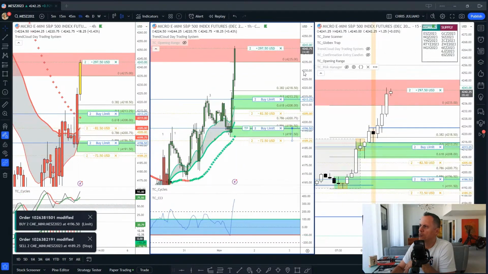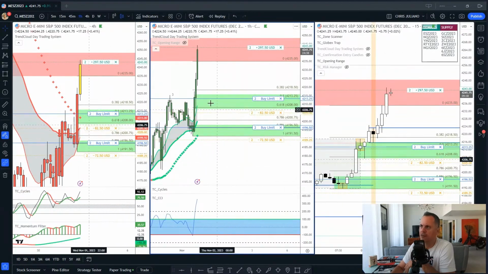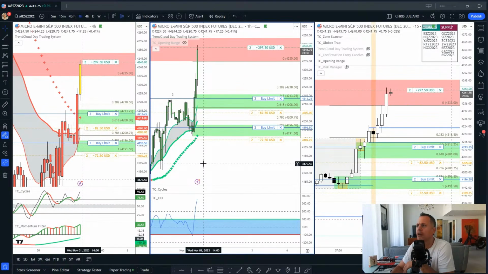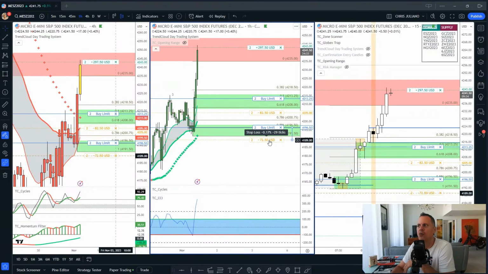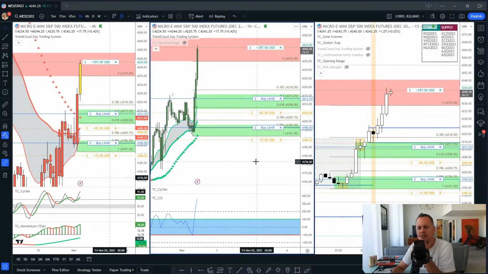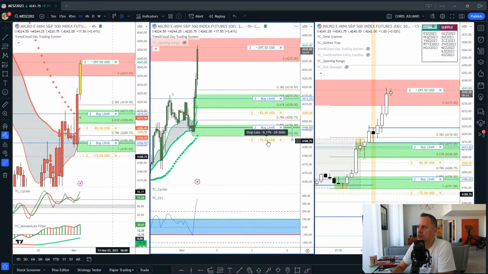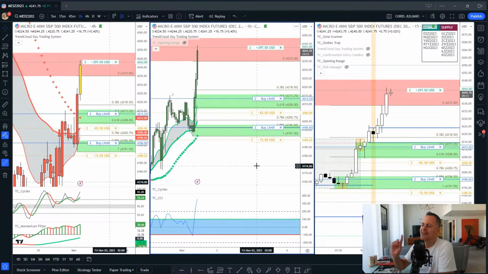So now, Gary, we get to cover both of these zones. That makes sense, man. Now I'm safe. That's the name of the game. Mark Douglas, Trading in the Zone: the money you make in trading is made in the risk management of the trade.